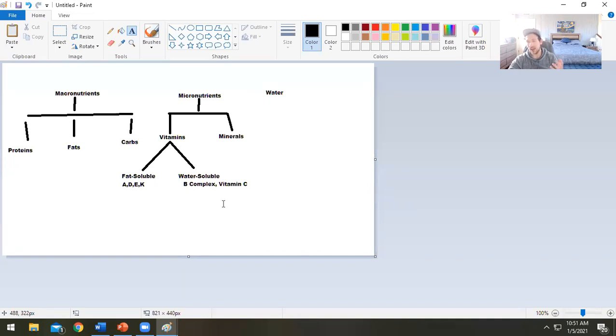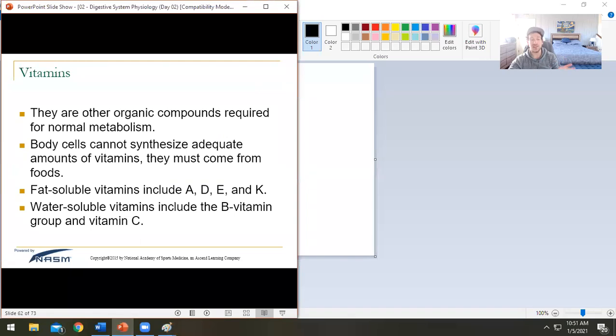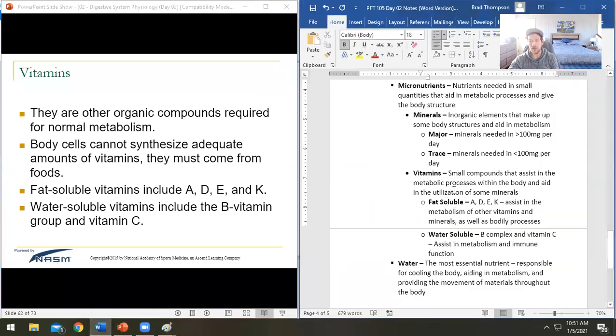Now, what do I mean when I say fat soluble versus water soluble? Well, basically it's just how your body moves those around, right? So fat soluble vitamins A, D, E, and K assist in metabolism, and they also help your minerals, which are up here, get absorbed more effectively. And then water soluble vitamins assist in your metabolism and they help your immune system, right?